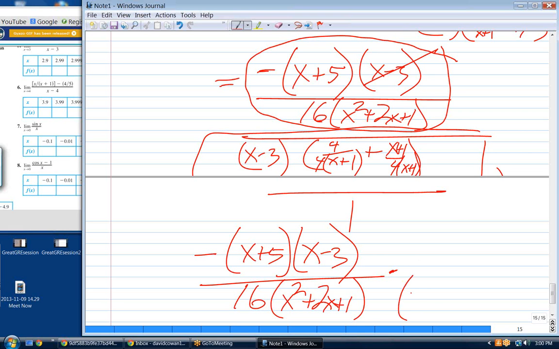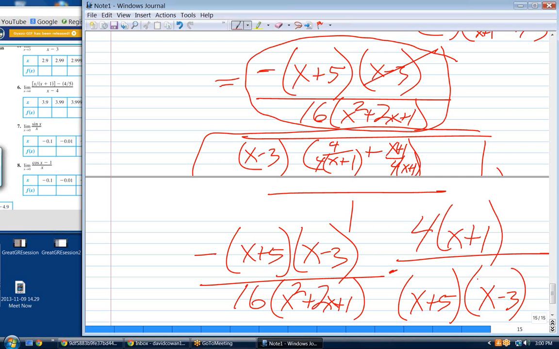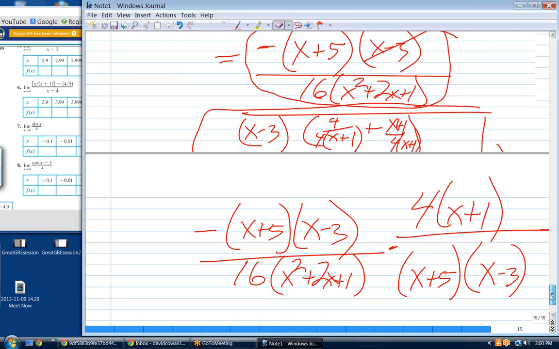So all of that's going to be in the denominator. I might have made a math error here, I'm not sure. But let's take a look at this.